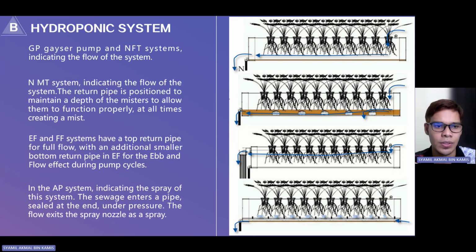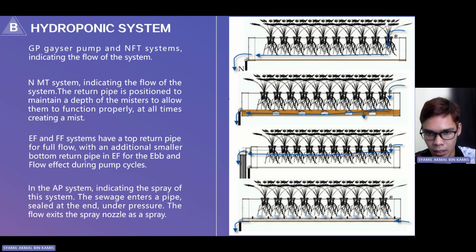The return pipe is positioned to maintain the depth of the misters so they can function properly at all times, creating a mist. The EF and FF systems have a top return pipe for full flow, with an additional small bottom return pipe in EF for the ebb and flow effect during pump cycles.